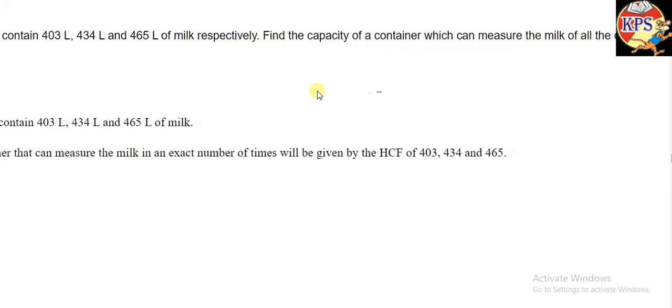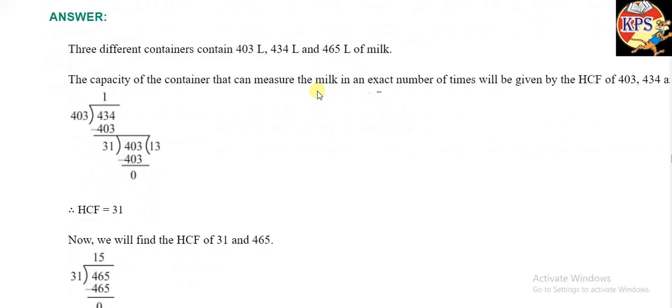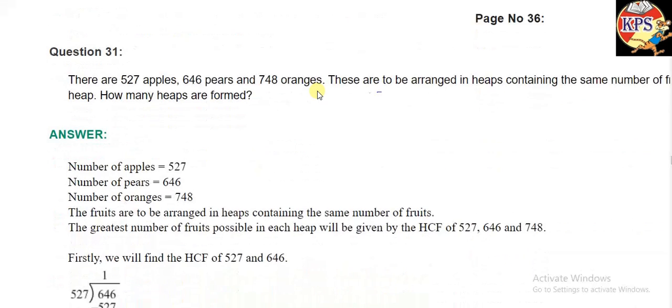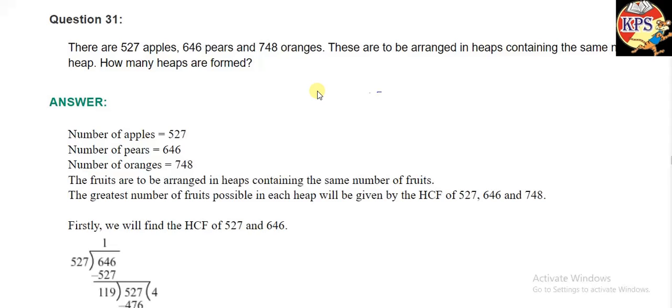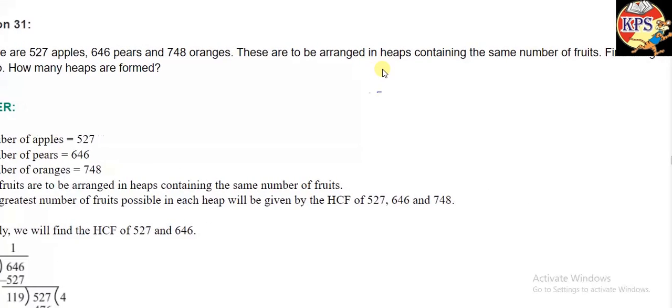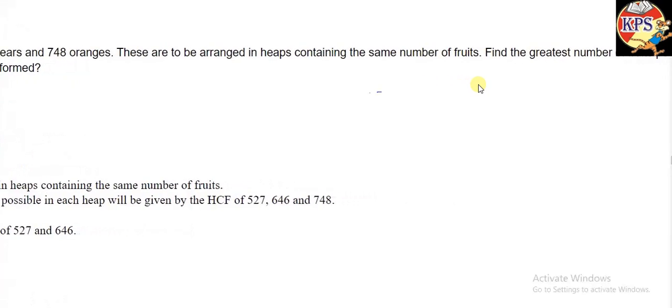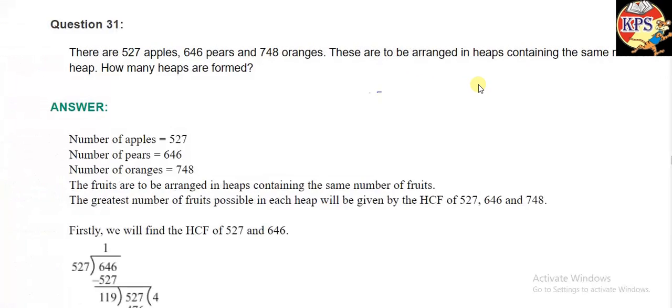This is how you will find the answer. In all the questions you have to find the HCF. In question number 31, three numbers are given: 527 apples, 646 pears and 748 oranges. These are to be arranged in heaps containing the same number of fruits. Find the greatest number of fruits possible in each heap.